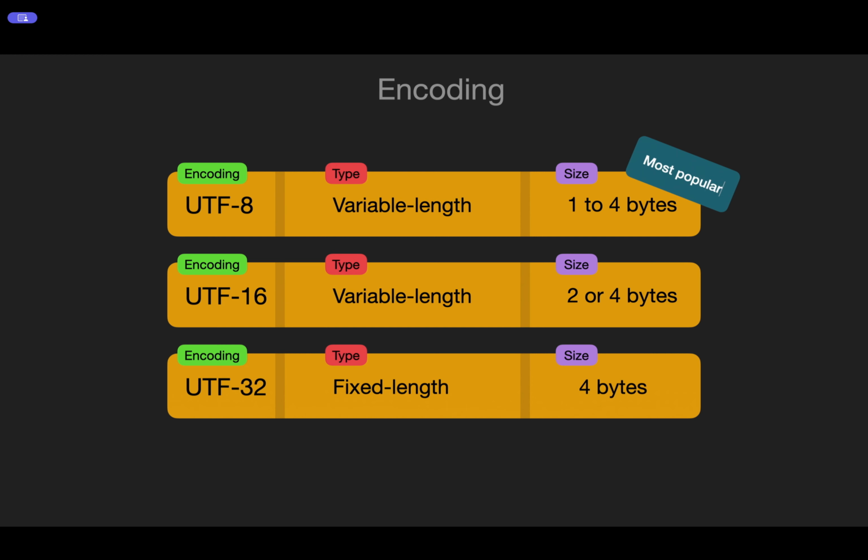Among all these encodings, UTF-8 is the most popular, but you may ask why there is a need for UTF-16 and UTF-32. The short answer is that the other two encodings are being used for specific purposes, usually to optimize string operations such as indexing and slicing.